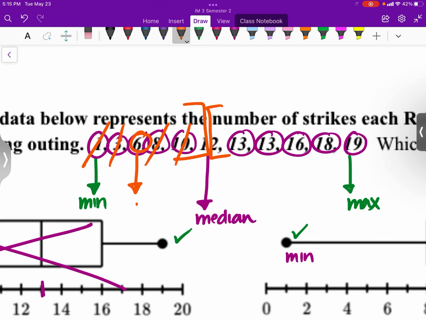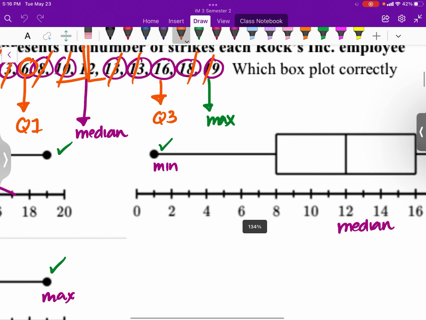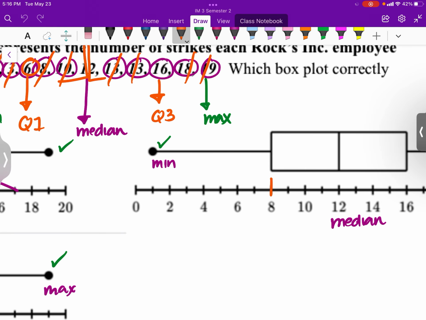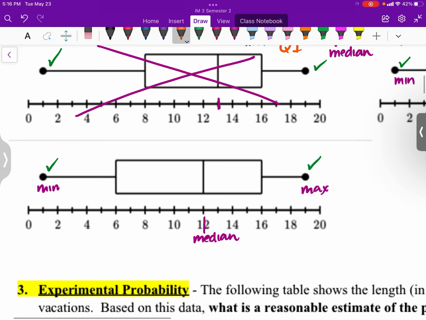The Q1 is 6, and the Q3 is 16. Let's check on this one. Should be a 6. Oh, this one is actually an 8. That one is a 16, but the Q1 is not 6, so this one's out.